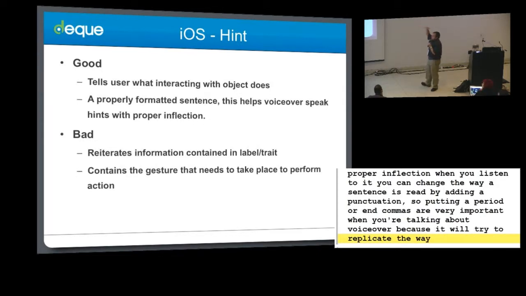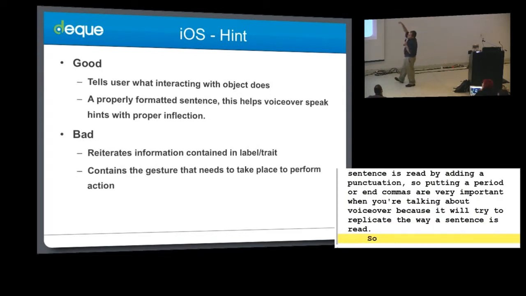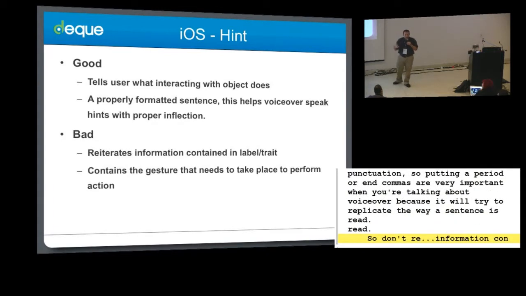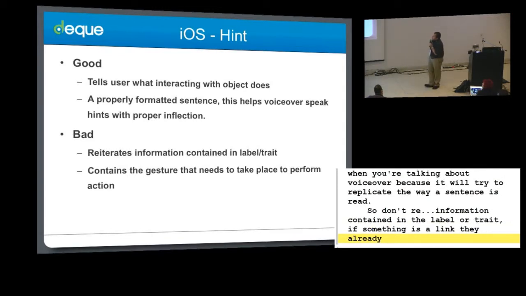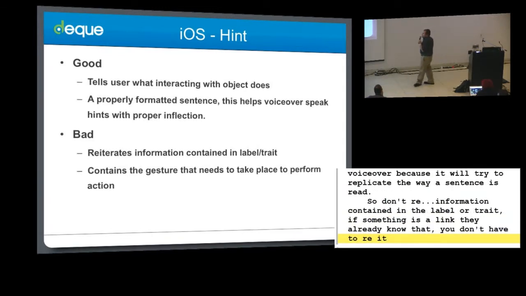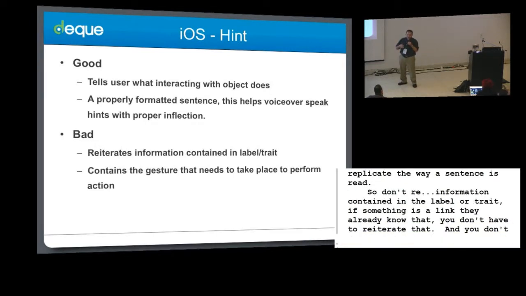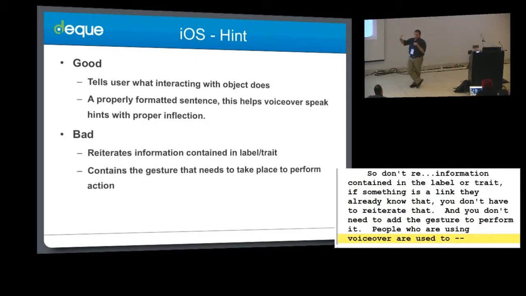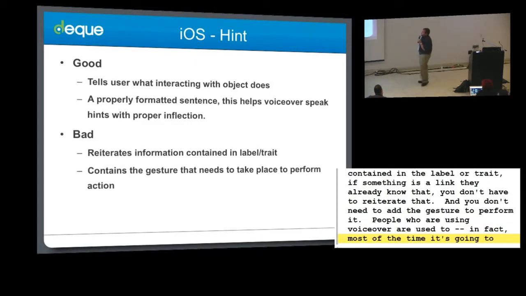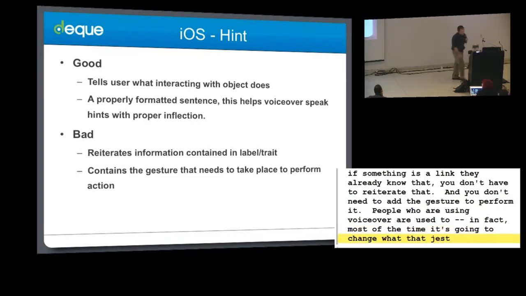So bad, don't reiterate information contained in the label or trait. If something's a link, they already know it's a link. You don't have to reiterate that information. And you don't need to add in the gesture that needs to take place to perform the action. People who are using VoiceOver are used to it, in fact, most of the time it's going to change what that gesture is. So, move on.